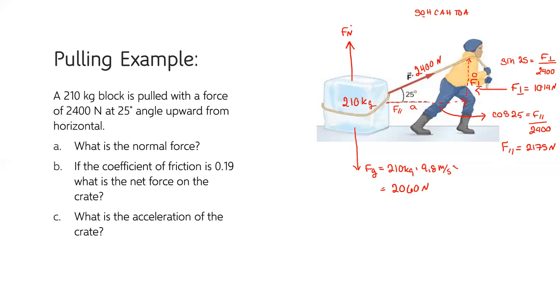So let's go back and figure out what's the normal force. So the normal force is the balancing upward force. So we have 2060 newtons down. We have already this upward force here. This is an up force of 1014. So normal force is what's left over.